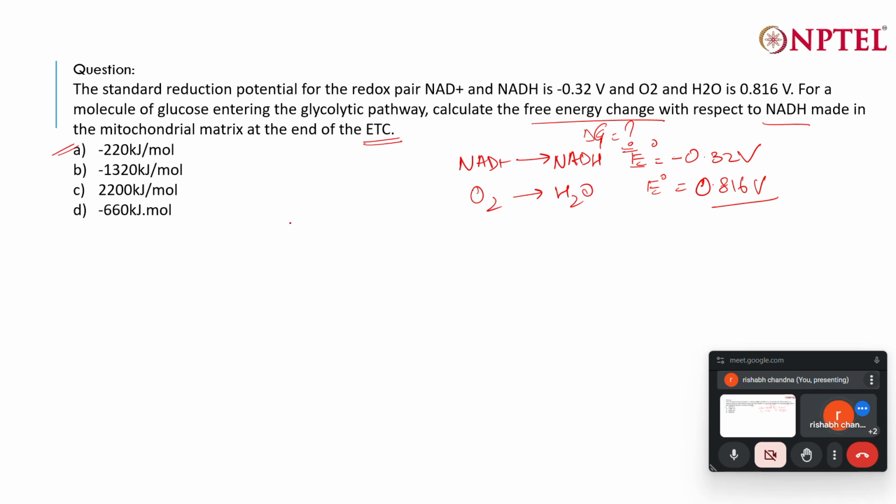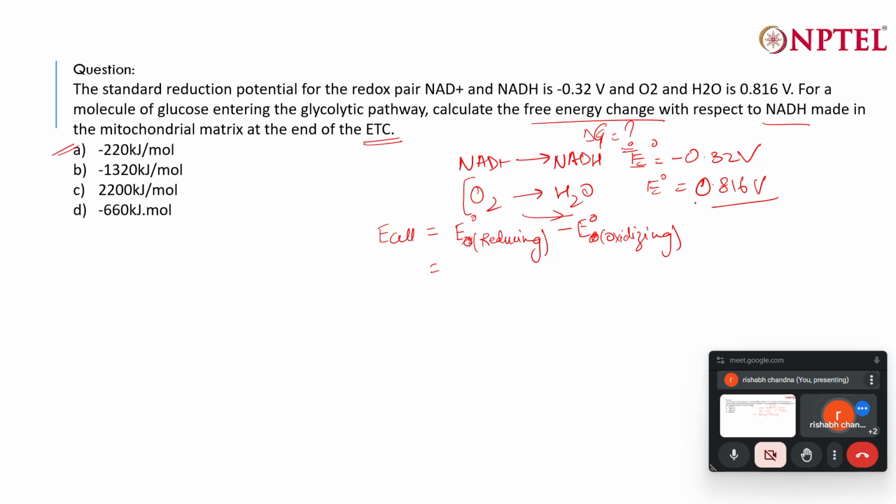Yes, sir. Okay, so first we have to calculate the net reduction potential. For that we'll first need the reduction potential of the reducing partner subtracted by the reduction potential of the oxidizing partner. So in this case, when ETC happens, oxygen is the major molecule that is actually reduced to water.